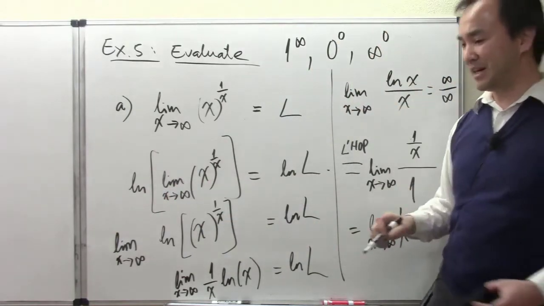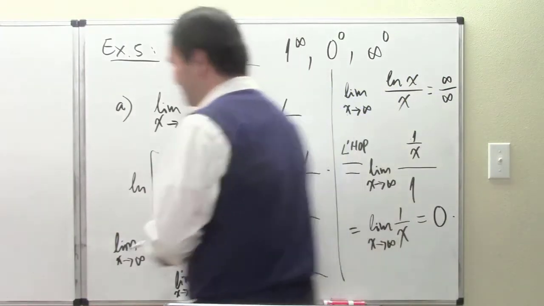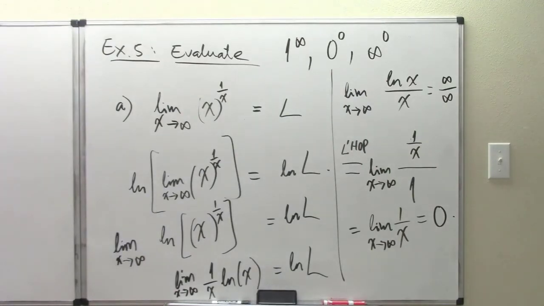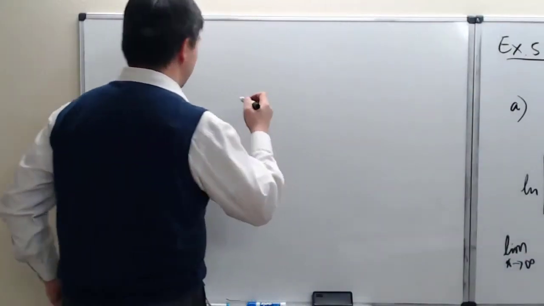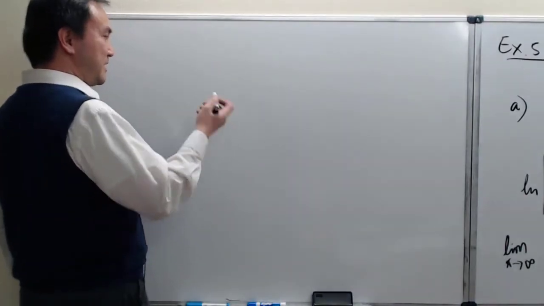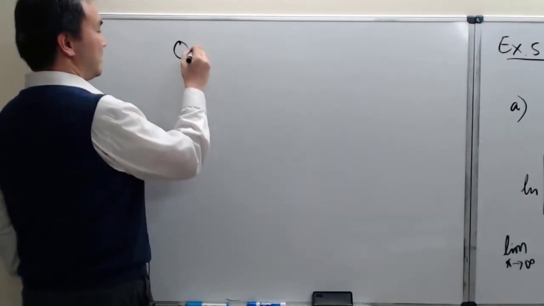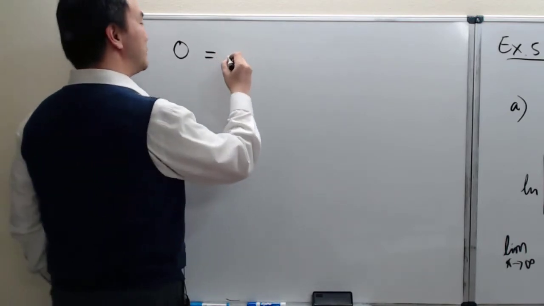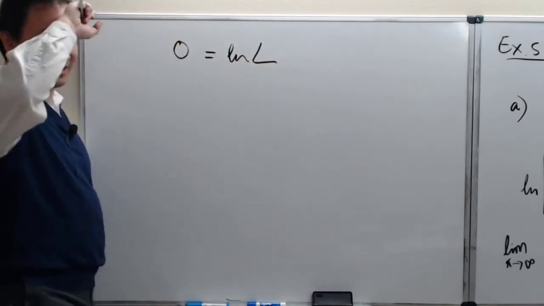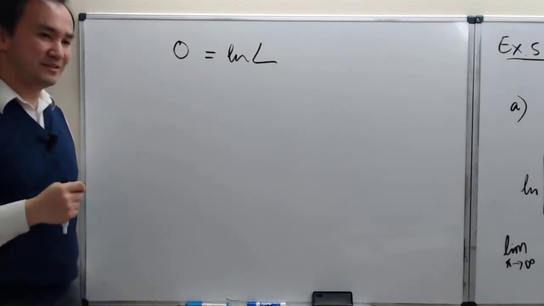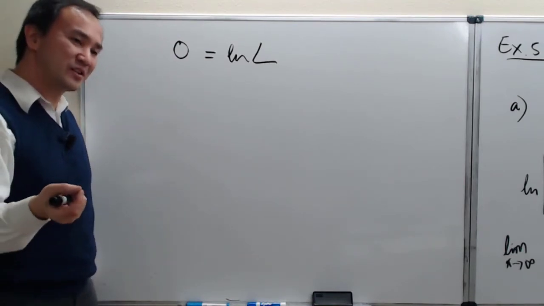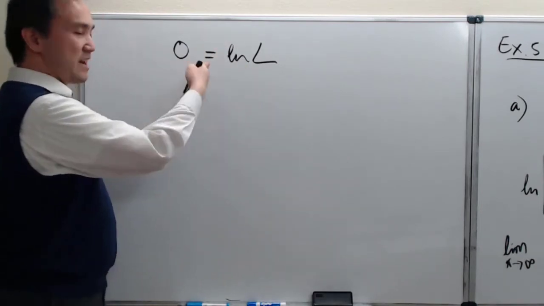So now on my other board, the left-hand side gives me a limit of 0, and that needs to be equal to the natural log of L on the right-hand side. The remaining step is to solve for L out of this equation.